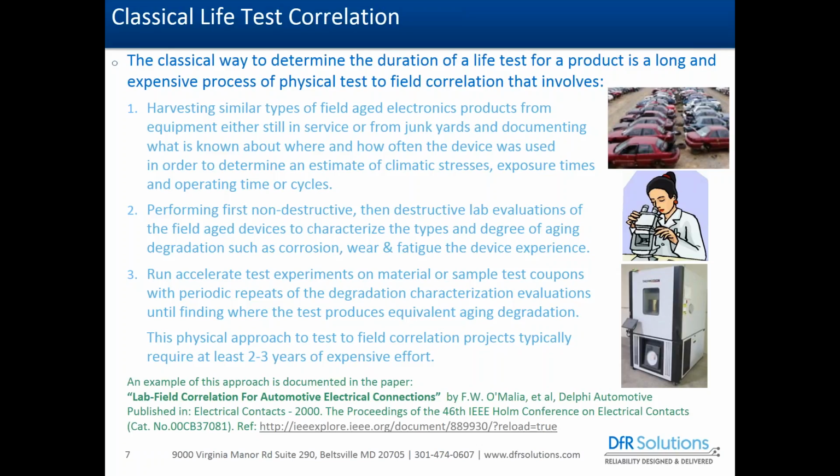And he was at Delphi Automotive, which was made up of the former GM Delco Packard Electric wiring and connector division. And this document was published in Electrical Contacts 2000, the proceedings of the 46th IEEE Holmes Conference on Electrical Contacts. And you see I give you the catalog number and a link if anybody wants to look up this document and get more information on this type of approach.